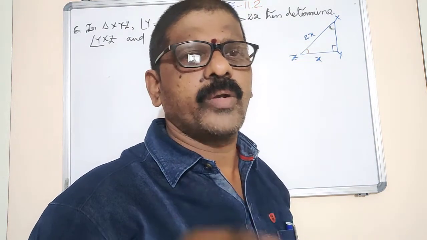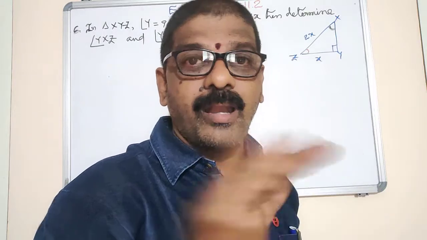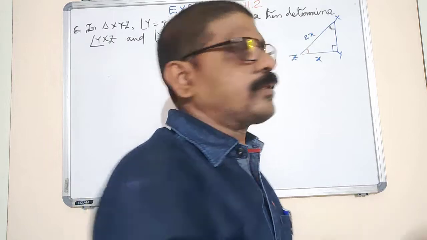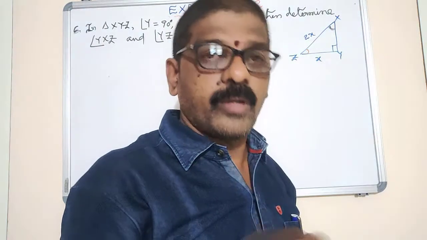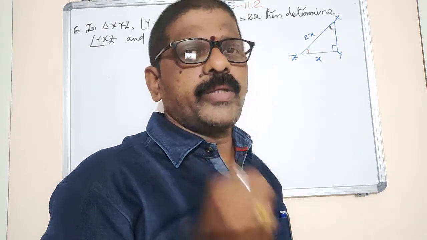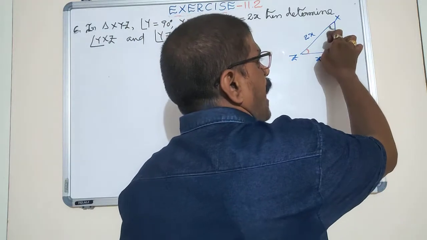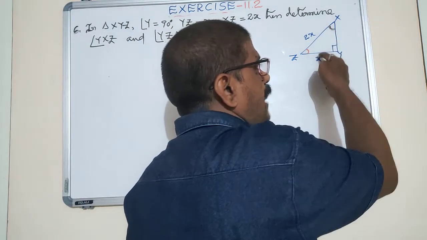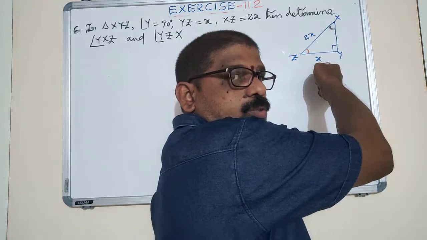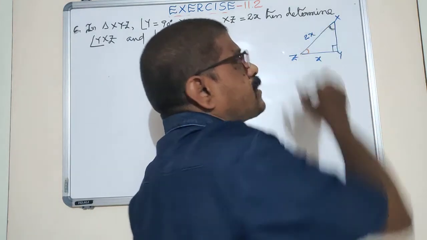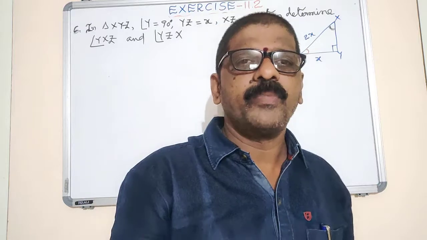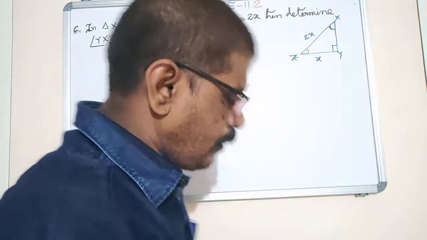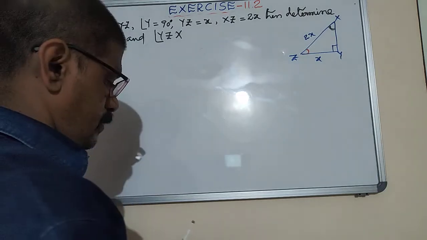That's very simple. Okay, we have to find the angles, not the lengths. Already two lengths are given. For example, we have to find the third length according to the Pythagorean theorem. Now we are going to find the angles, angle X and angle Z. So we can take the acute angle X. This side is known as the opposite side to angle X. Now this measurement is the hypotenuse. Opposite to angle X by hypotenuse can be written as sine.